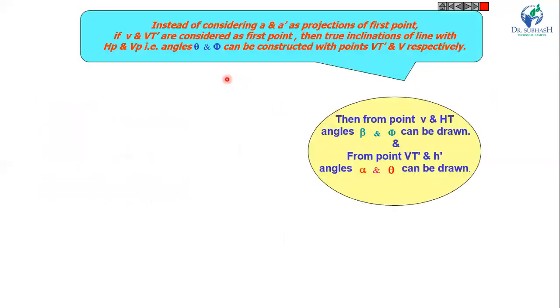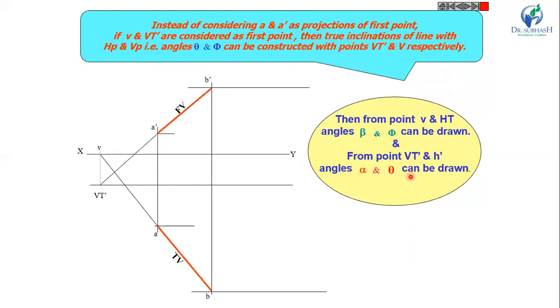Now another concept: instead of considering A and A dash as projections of first point, if V and VT are considered as first point, then the true inclination of the line with HP and VP, that is the angles theta and phi, can be constructed with points VT and V respectively. So from point V and HT, angles beta and phi can be drawn, and from point VT and H dash, angles alpha and theta can be drawn.